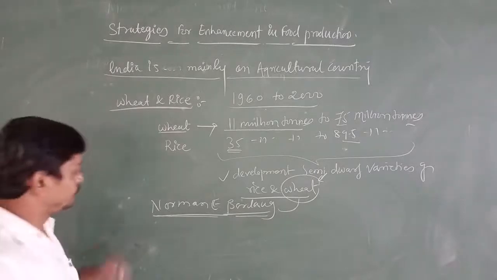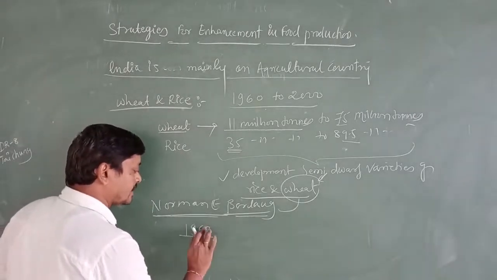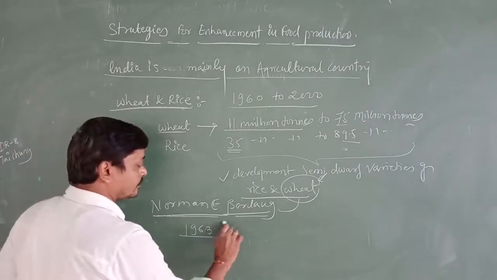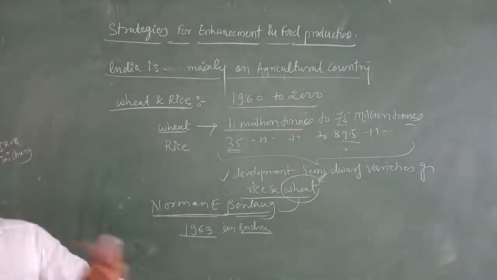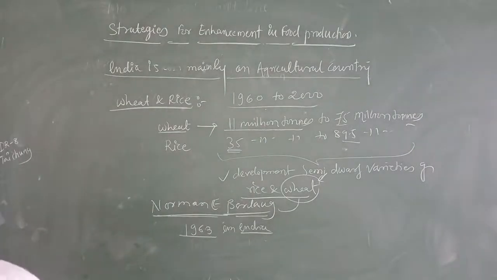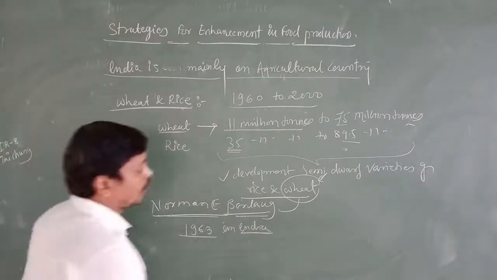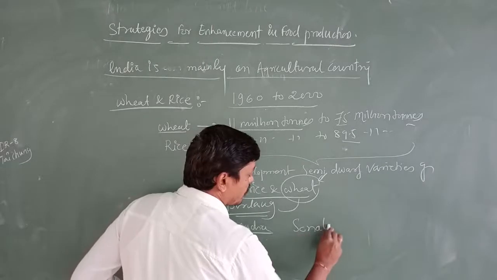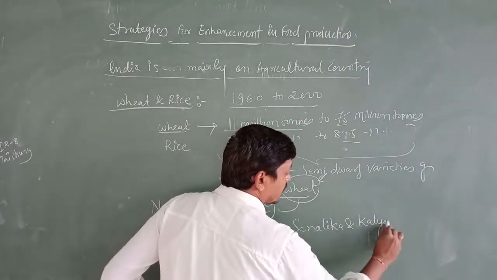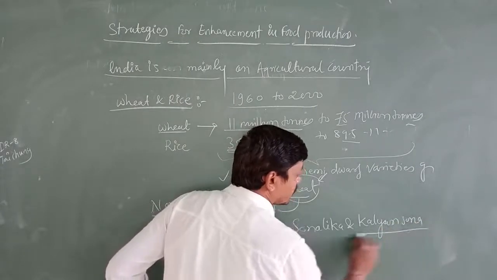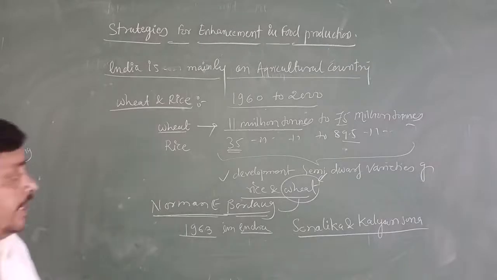And in 1963, in India, in the wheat growing belt, there are several varieties such as Sonalika and Kalyan Sona, K-L-Y-A-N.